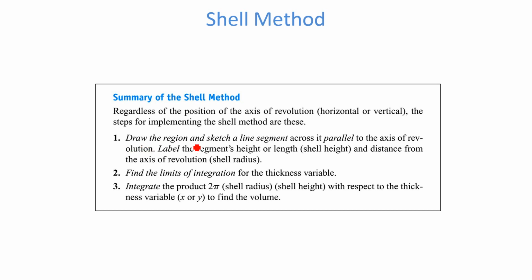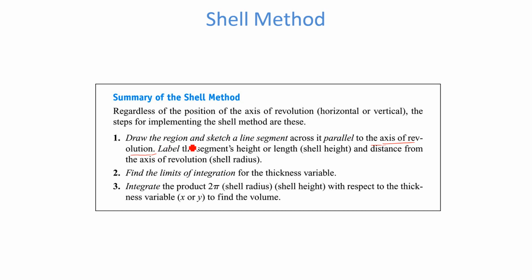Number 1, draw the region and sketch a line segment across it parallel to the axis of revolution. In the previous section, we talked about the disk method and washer method. In both methods, the cross sections were perpendicular to the axis of revolution.